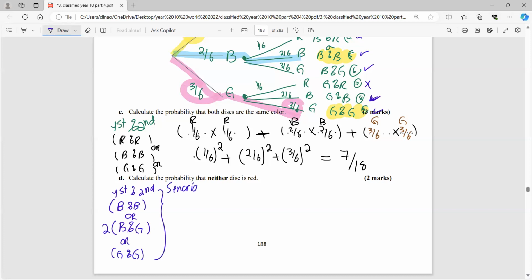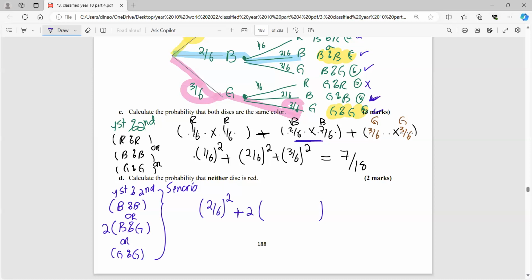As we said, guys, as long as you unite the scenario correctly, the rest will be easy, because then it just becomes removing and putting numbers. That's it. So I have the blue and the blue. Pay attention, blue here. Blue and blue is 2 over 6 all squared plus 2 multiplied by blue and green.